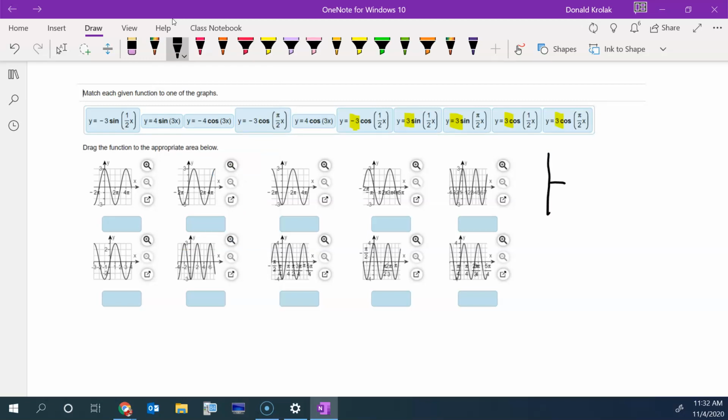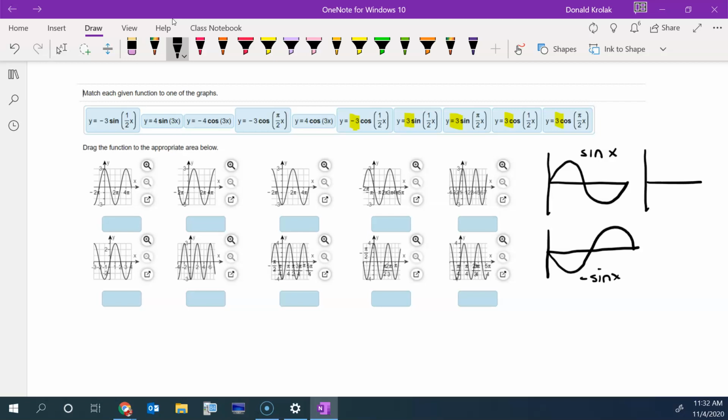In front of the classroom, you got sine, then you got negative sine, and then you got cosine, and you got negative cosine. So I'm going to do the ones with 4s in them first.